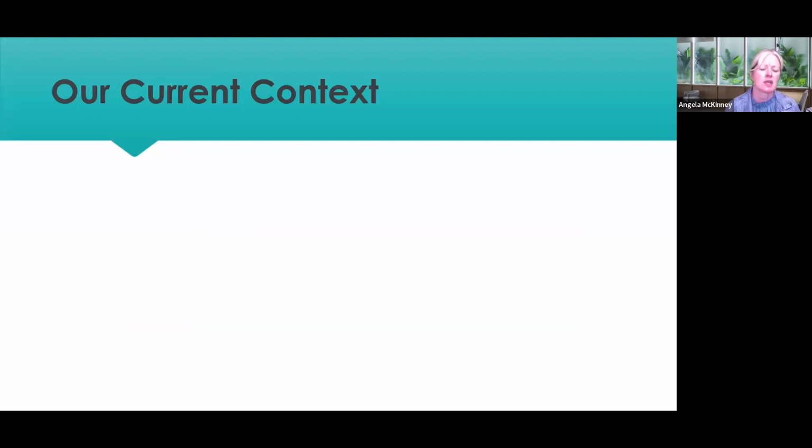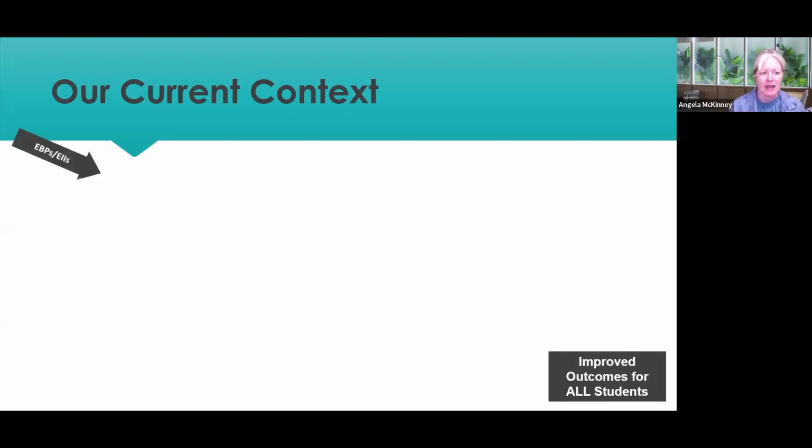Sometimes when we look at what's going on in our district, it gets a little muddy though. We're always trying to do things that are really focused on how we are going to make things better for students. So we're looking at things that improve outcomes for all students. And as we do, we start adding in things. We start adding in evidence-based practices and evidence-informed innovations.